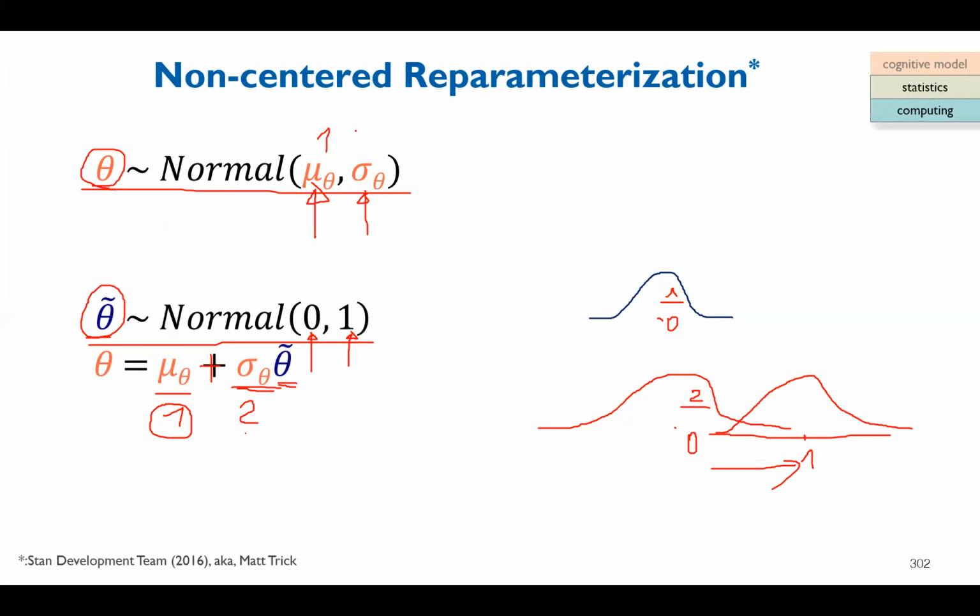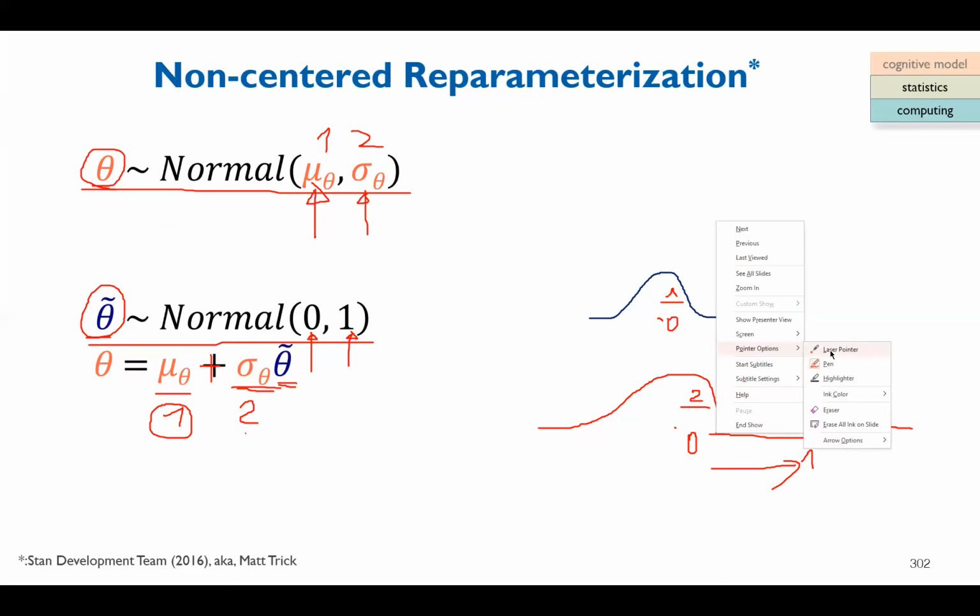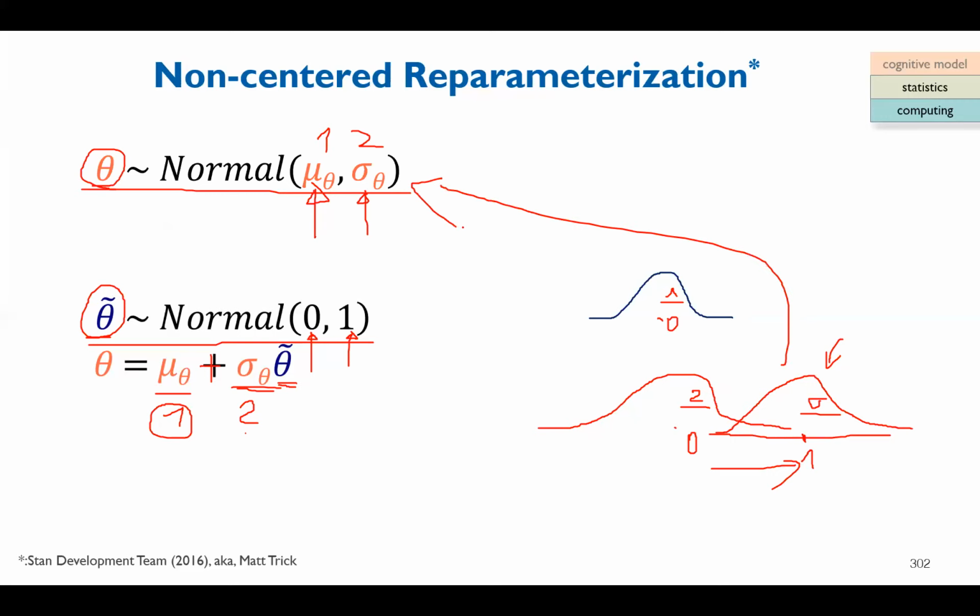So here is 1, here is 2 as well. Now this new shape has a mean of 1 and a standard deviation of 2. So what is that? That is basically a normal distribution with a mean of 1 and a standard deviation of 2.